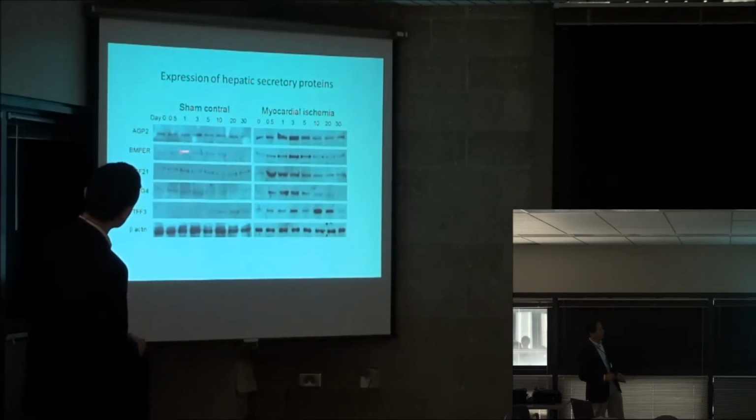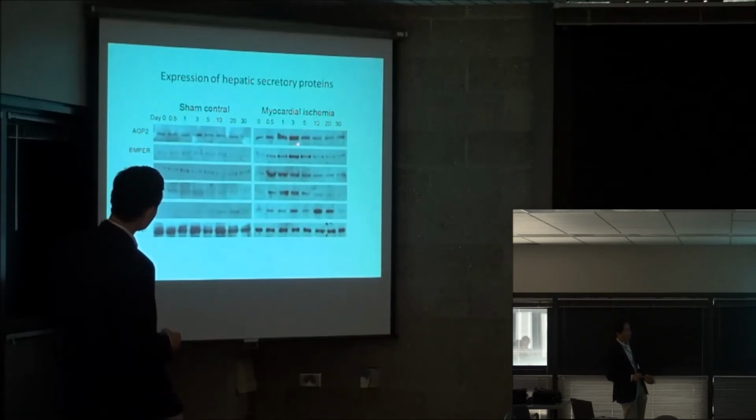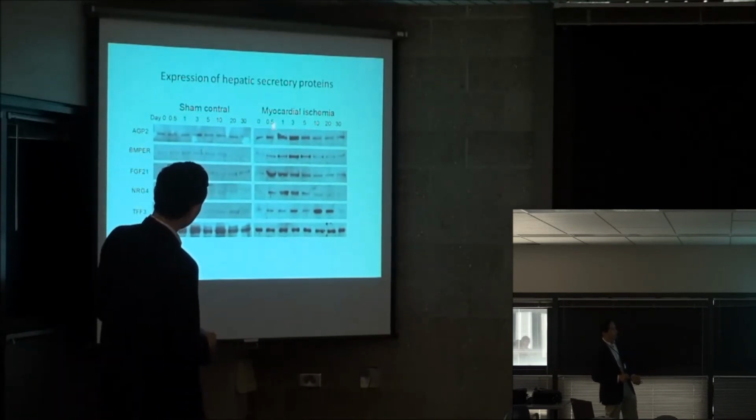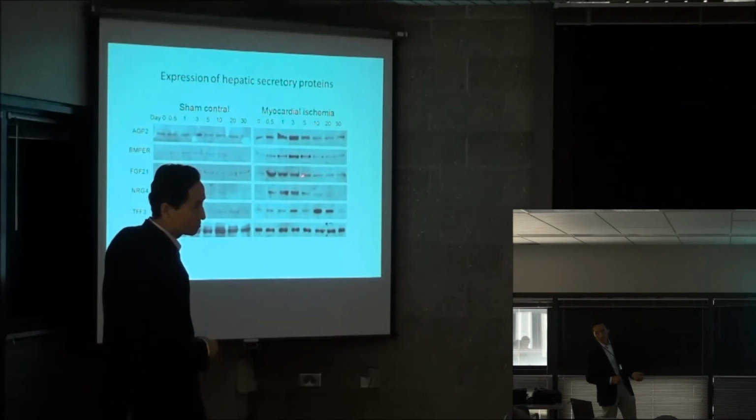You can see there's probably a slight increase in some of the proteins, like bumper here and FGF21, over the course post-myocardial infarction. But in myocardial infarction, you can see that at half day, 1, 3, 5 days, there is upregulation of the 5 proteins in the liver in response to myocardial infarction.